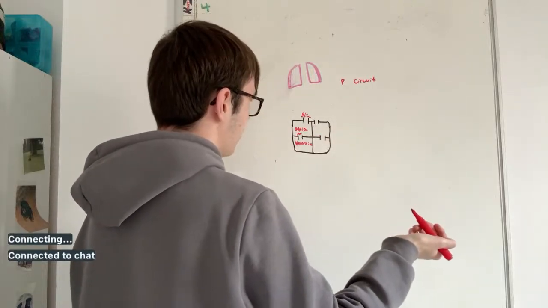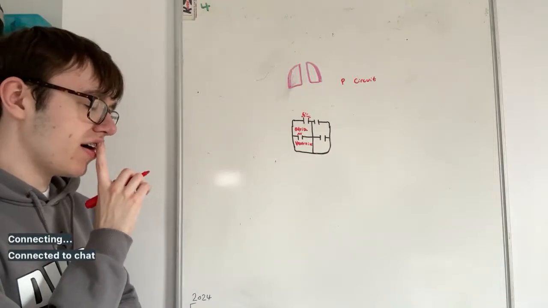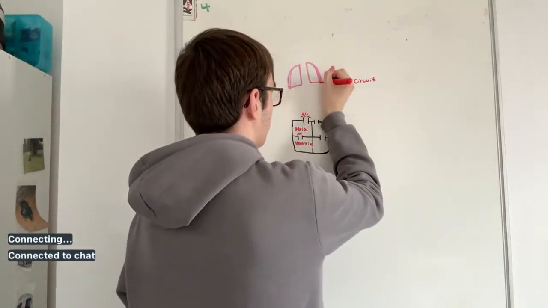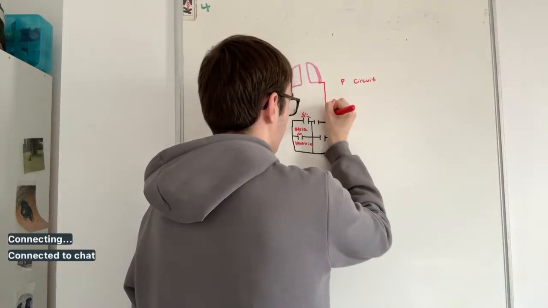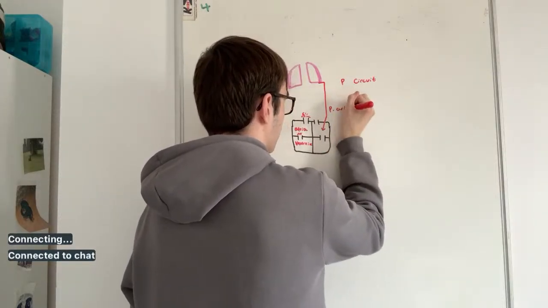So the vein, oh my god, how have I forgotten this? The artery is for oxygenated blood. So obviously your pulmonary artery is gonna go there.